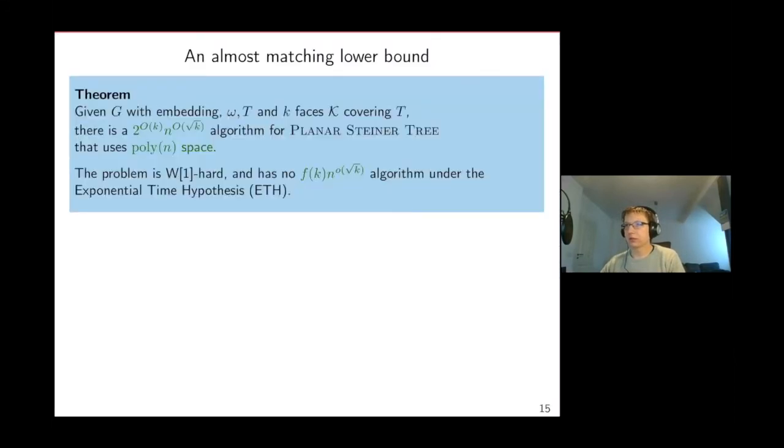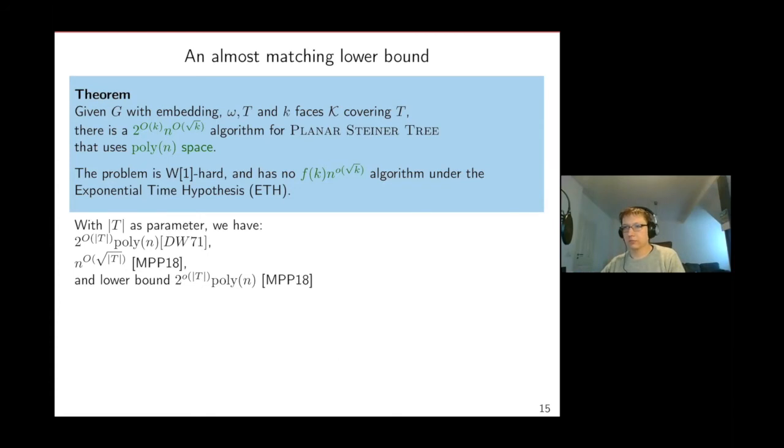Okay, so here's the result again, but now we focus on the lower bound part. So we want to prove W1 hardness and this n to the little o of square root k lower bound. If we think back to this larger parameter, number of terminals, then we have an FPT algorithm, we have a sub-exponential XP algorithm, and we know that there will not be a sub-exponential FPT algorithm.